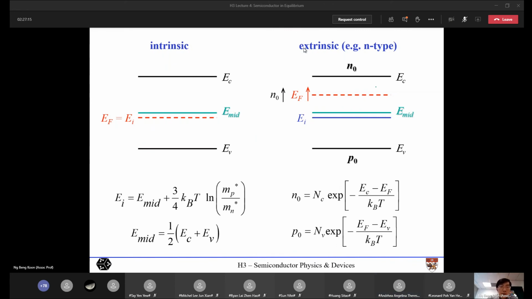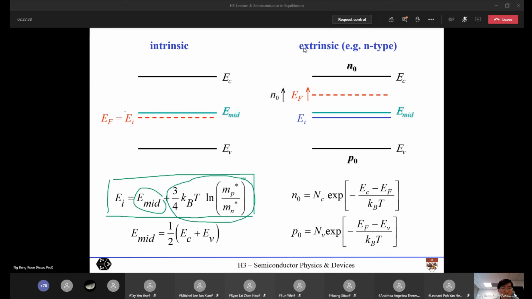Right, so what have we covered so far in the intrinsic semiconductor material? We've been doing a lot of calculation on intrinsic semiconductor material. The last thing that we talked about is that the intrinsic Fermi level is related to two terms: the middle of the band gap, and the second term, which we say is generally very small.